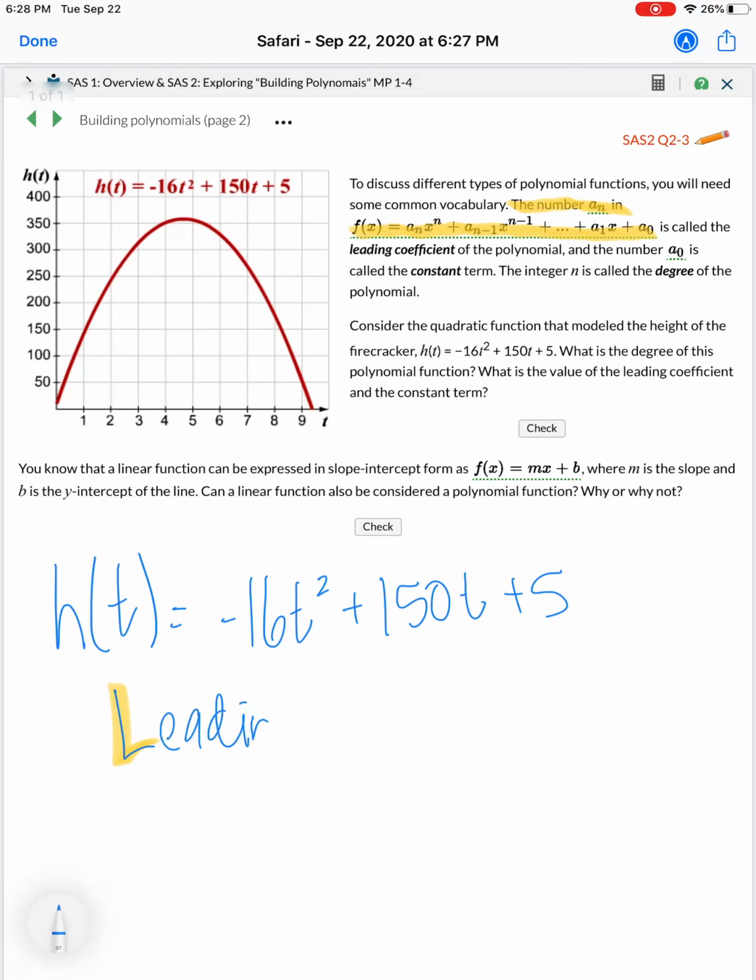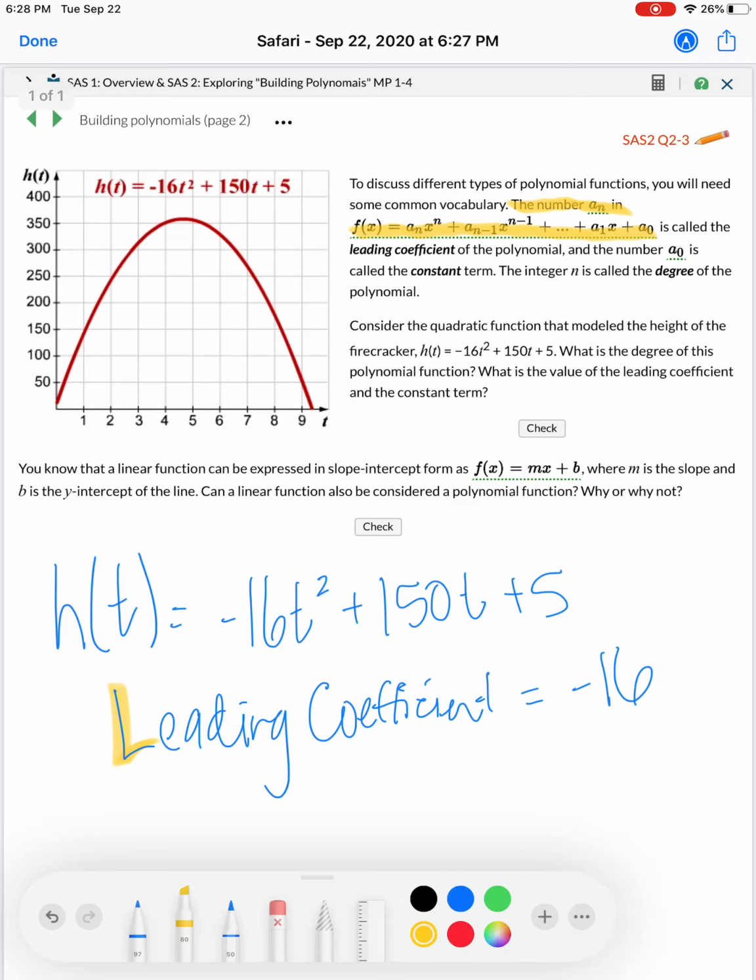our leading coefficient is negative 16. Okay? The leading coefficient goes with what's leading. If you're in the line of something, you're leading, you're the leader, so you're first in line.